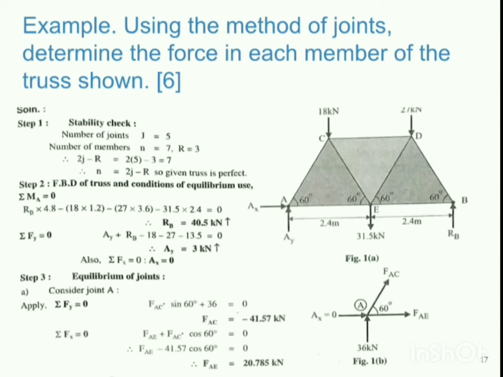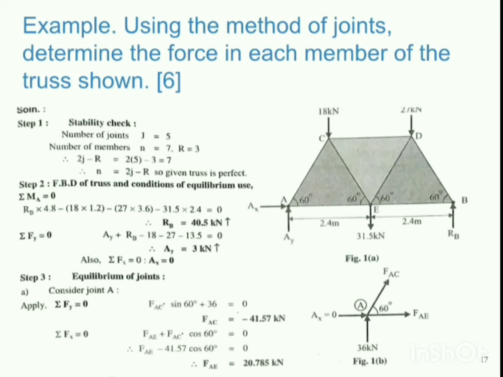So let us count the number of members. How many members are there? AC, AE, CE, CD, DE, EB and DB. So total 7 members are there. Number of joints: joint A, joint C, joint D, joint B, and joint E. So 1, 2, 3, 4, 5 joints are there.